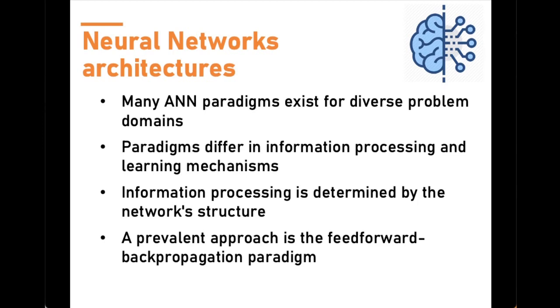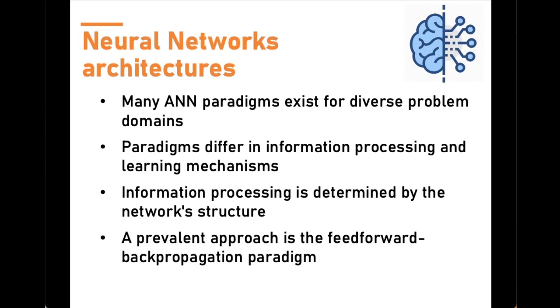Let's move now to neural network architectures. Several neural network paradigms have been proposed for application in many problem domains. One easy, simple way to differentiate among them is through the way they process information, and also through how they learn to perform their designated tasks.